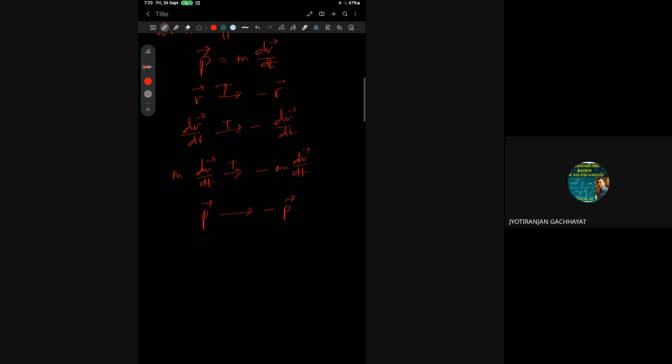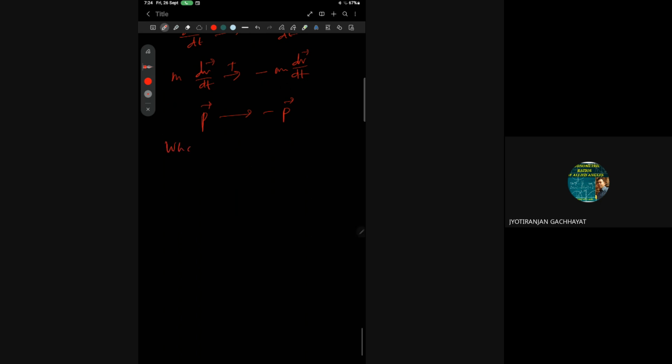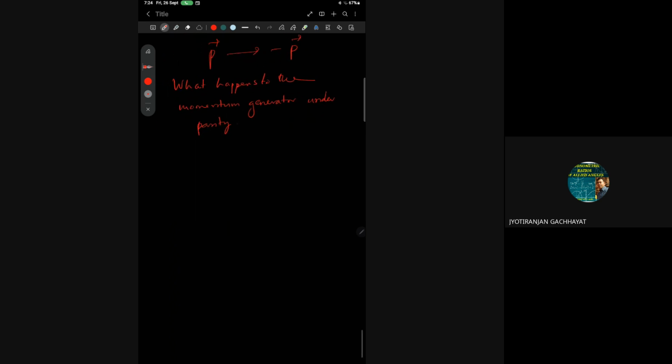Now what happens to the momentum generator under parity? What is the typical momentum generator?